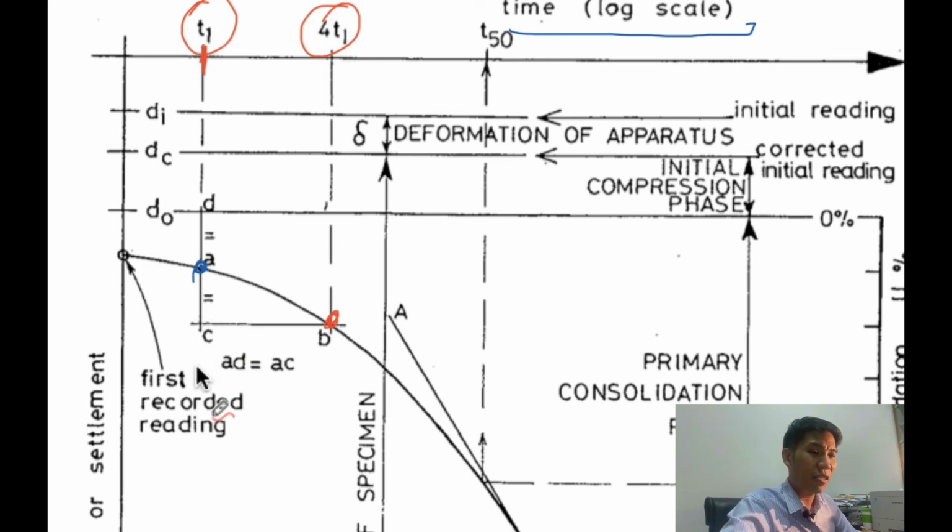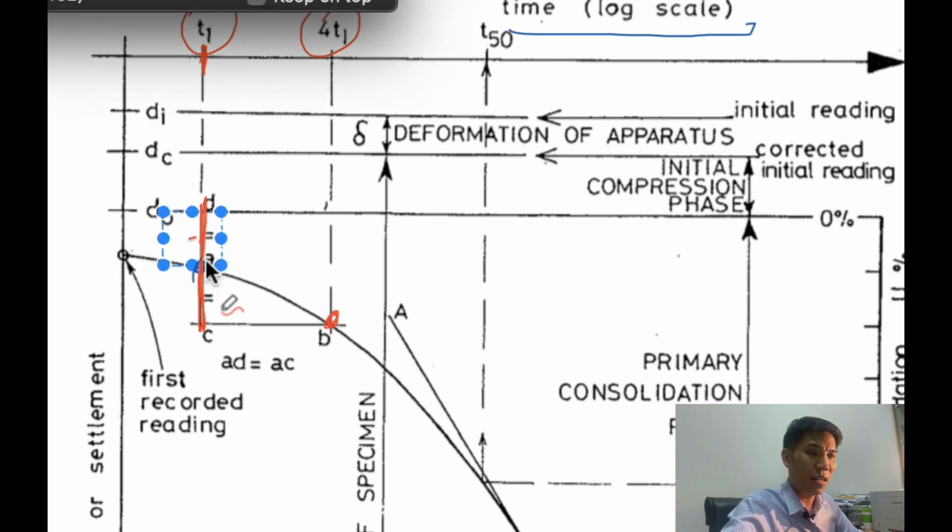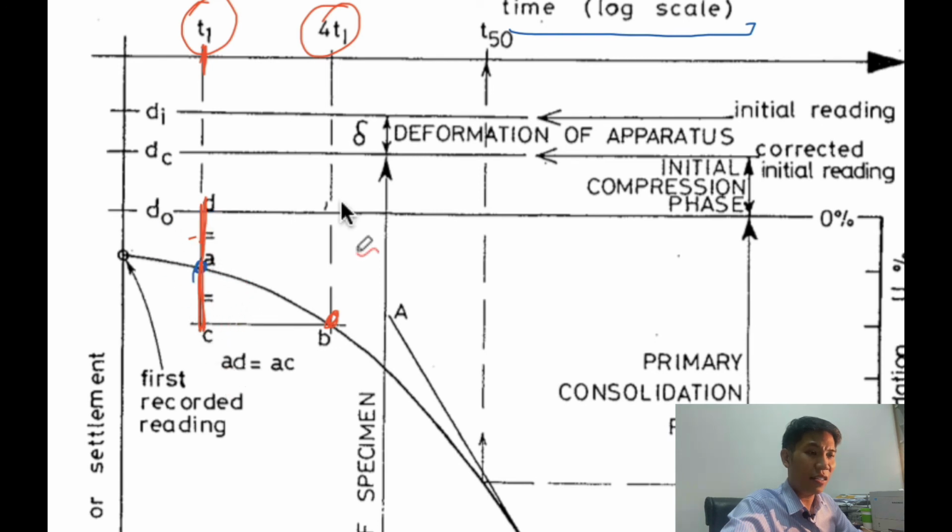After that, you determine this distance and project it back to the 0. The distance CA and AD are the same, a similar distance. You can get this one, the so-called D naught.